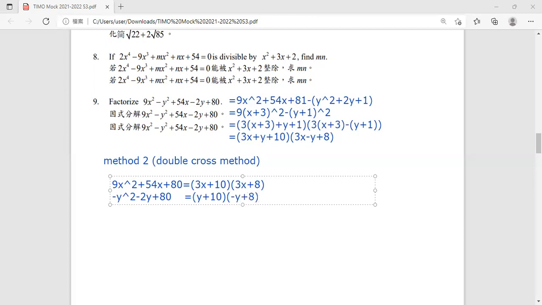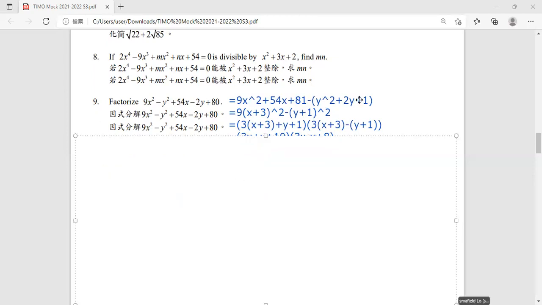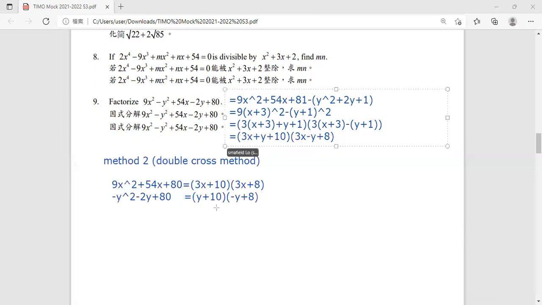So what next? Now you just squeeze the factors down. You will get the answer. Finished, just that.